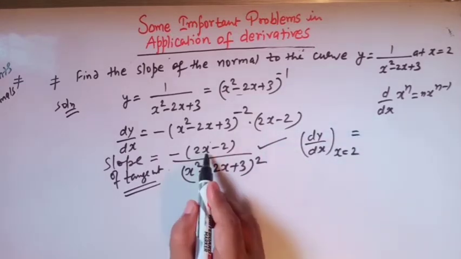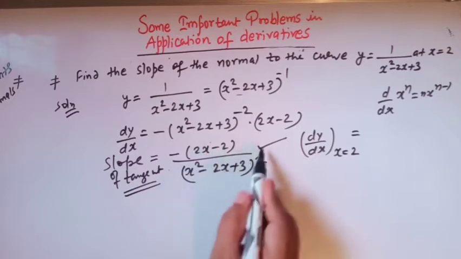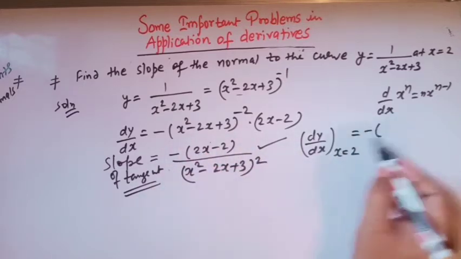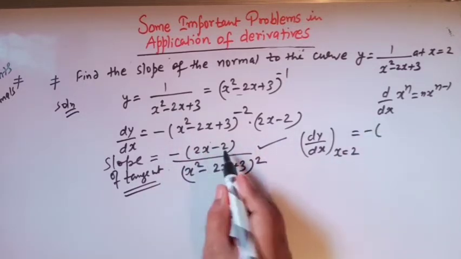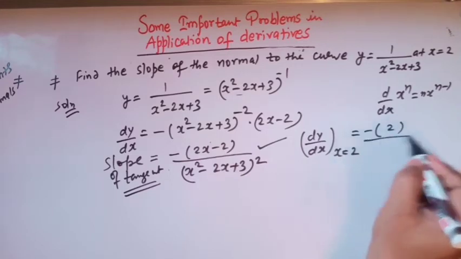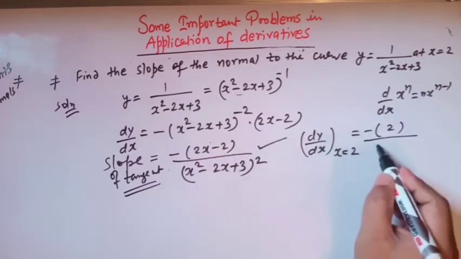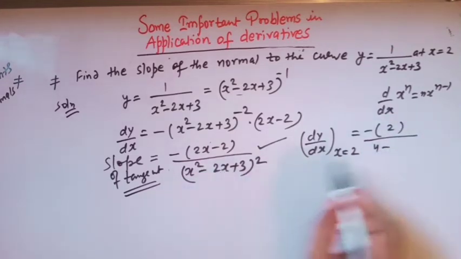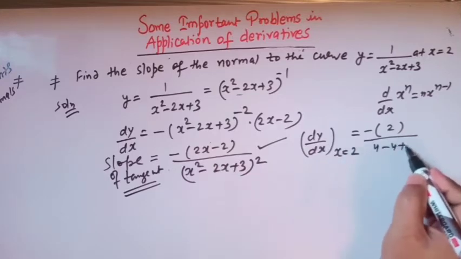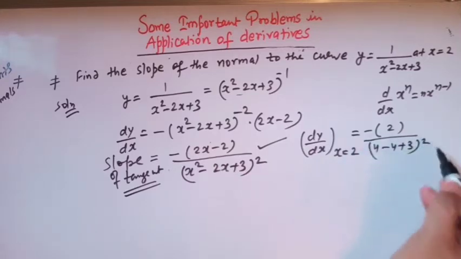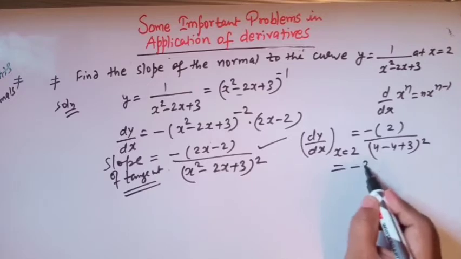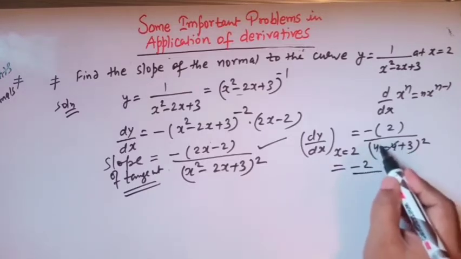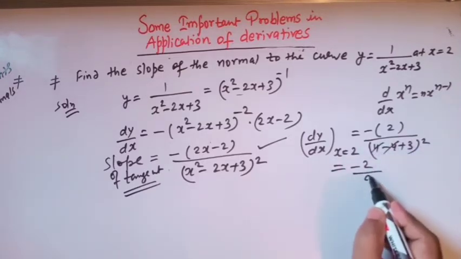So we'll substitute the value of x as 2 in this expression. So we have minus, 2 twos are 4, 4 minus 2 is 2, and then we have 2 square is 4, then 2 twos are 4, and then plus 3, and this is a square, and we have minus 2, 4 and 4 get cancelled, we have 3 square, that is 9.